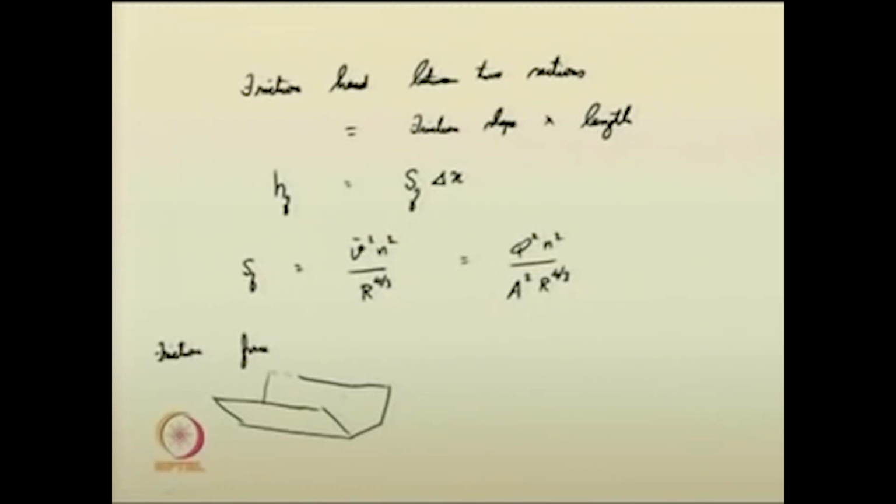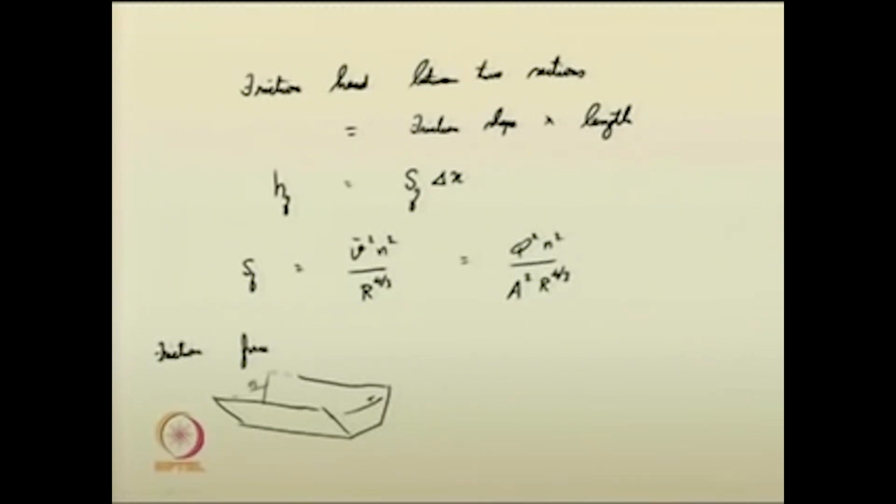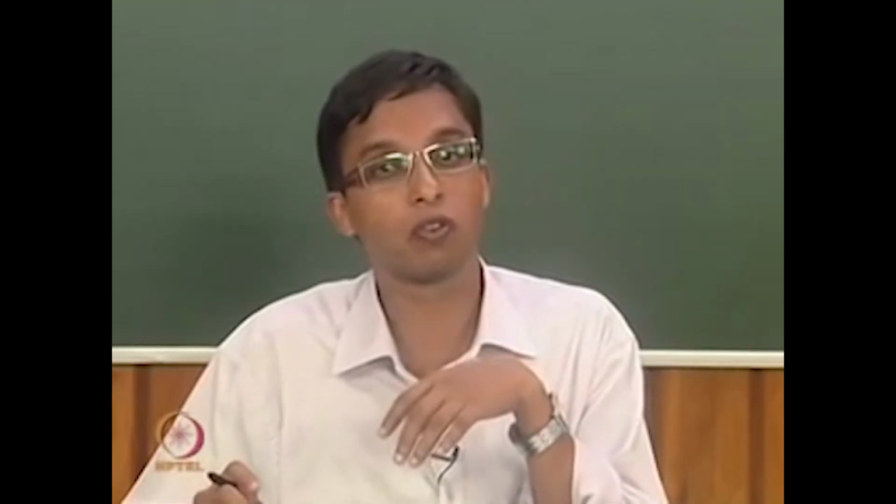There are wetted perimeters, and all along that wetted area the friction force will be acting. It has been obtained earlier in the uniform flow approximations.